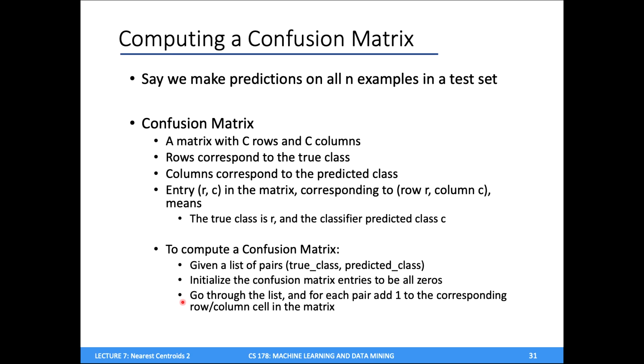Then we just loop through the list and count up the number of entries in row R and column C. We'll see an example of this again in a second. But one thing I'll point out is that in homework 2, you'll be implementing some code to compute a confusion matrix. So this slide will be pretty useful for you when you attempt that problem.